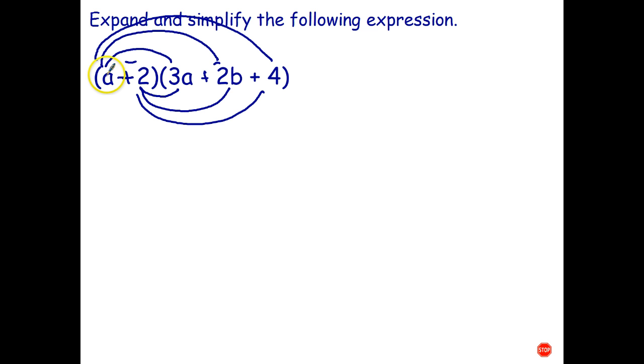Okay, let's see what you came up with. So we start by saying a times 3a is 3a squared, plus a times negative 2b is negative 2ab.